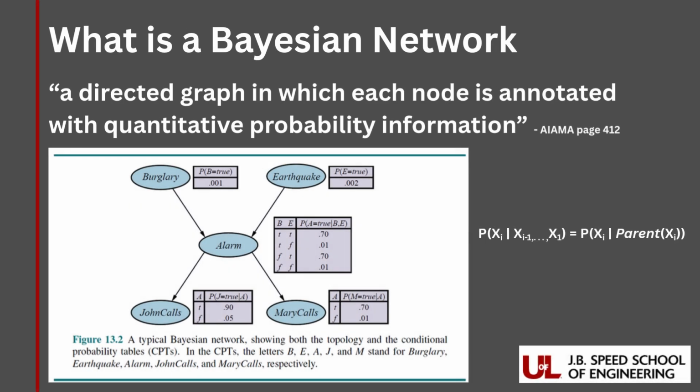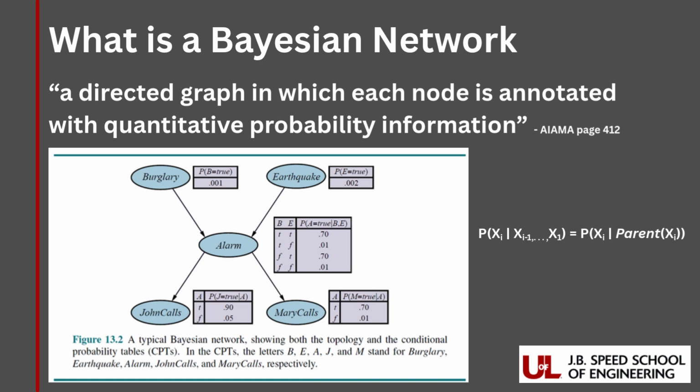Great. So we're going to use a directed graph to describe a Bayesian network. And each edge is annotated with a quantitative probability. There's an example from our textbook.